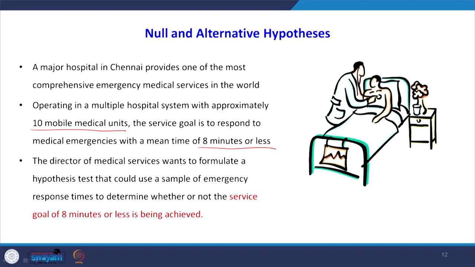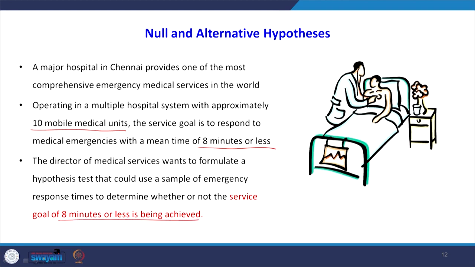The director of medical services wants to formulate a hypothesis test that could use a sample of emergency response times to determine whether or not the service goal of 8 minutes or less is being achieved. Look at this problem. The director wanted to test whether the service goal of 8 minutes or less is being achieved.